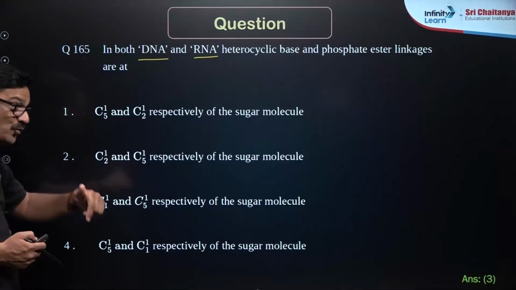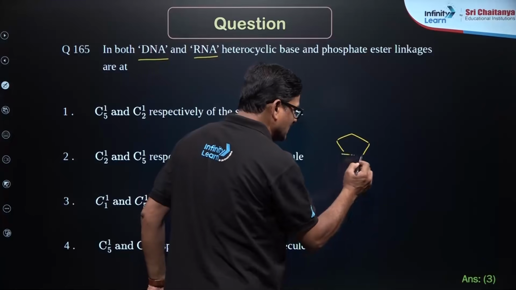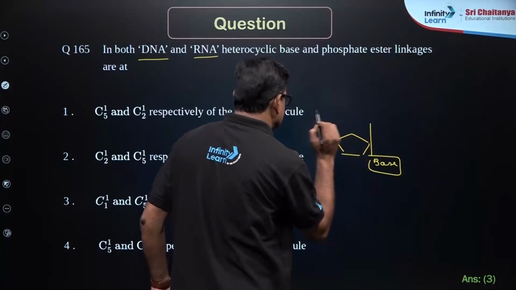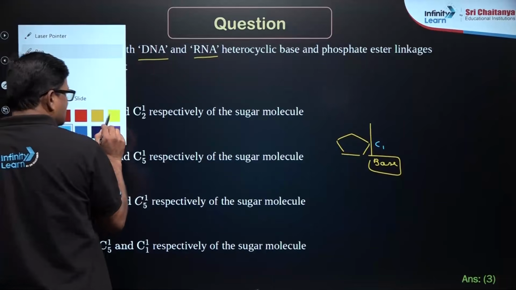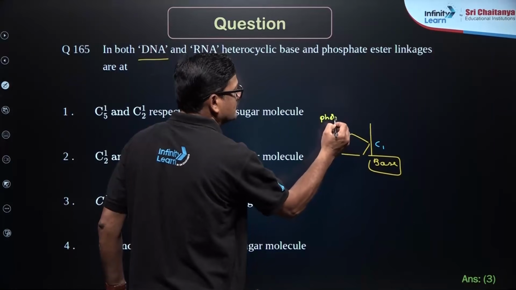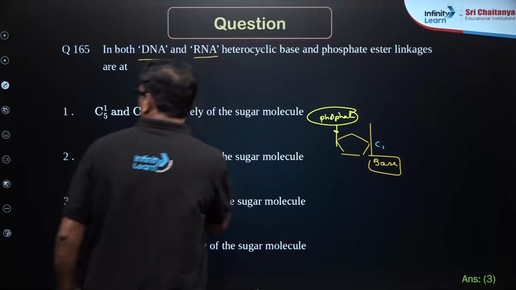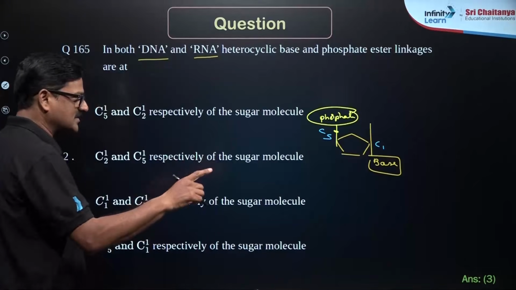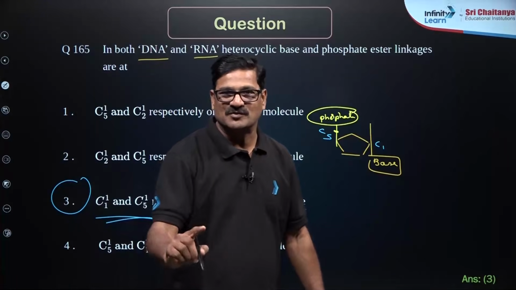You can see this is a ribose and it is going to be a base, and in this sugar this is C1 and this is going to be C5, and you are going to get a phosphate at C5. So C1 is at a base and C5 at a phosphate. Option 3 is the correct answer for this question.